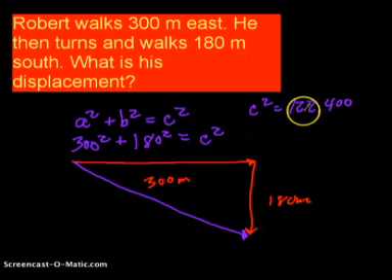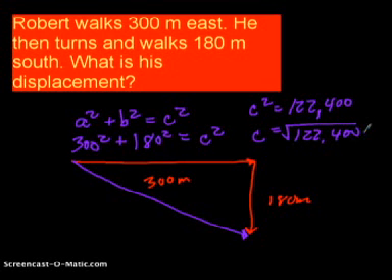Don't forget to take the square root of that, because we don't want c squared, we want c. And that's going to be the square root of this number. And when we do that, we get a magnitude for Robert's displacement of 249.857, and it keeps going. Thinking about our significant figures, let's just say we have 3 significant figures here.